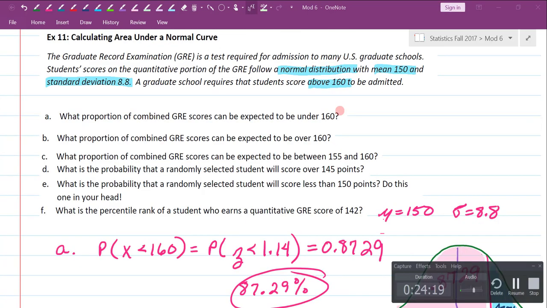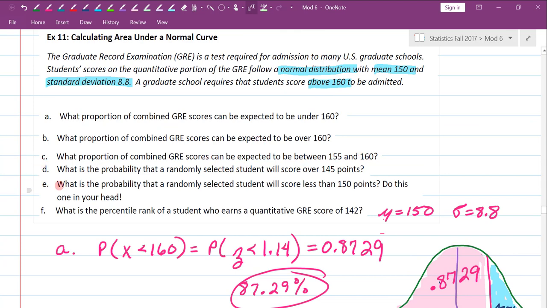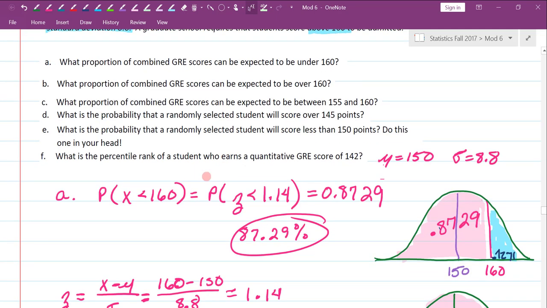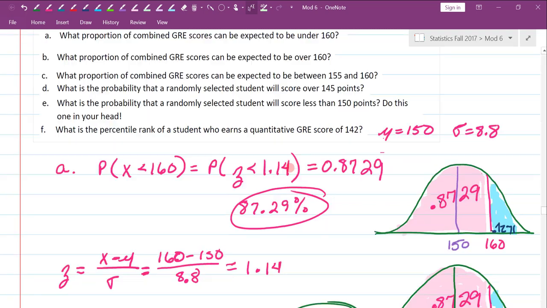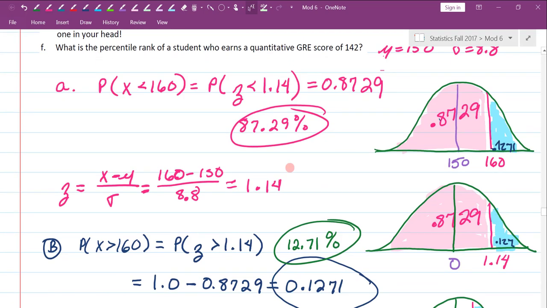Okay, looking at part E, it says, what is the probability that a randomly selected student will score less than 150 points? It says, do this one in your head. So think about it. What is our mean equal to? Our mean is equal to 150, correct? So if our mean is equal to 150, that means our z-score is 0. We know that the entire area under our curve is equal to 1.0.